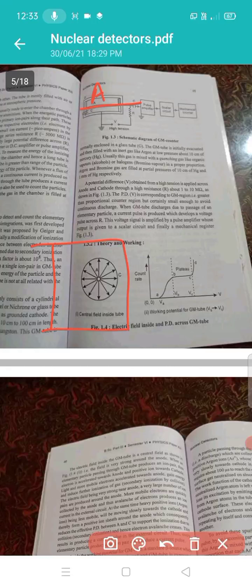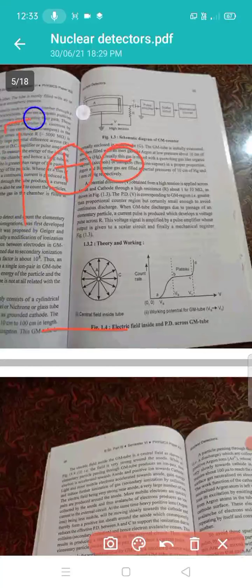When an elementary particle passes through the GM tube, it produces an ion pair, that is, a positive and negative ion pair is produced in the GM tube. Then the electrons are accelerated towards the anode and the positive ions towards the cathode.